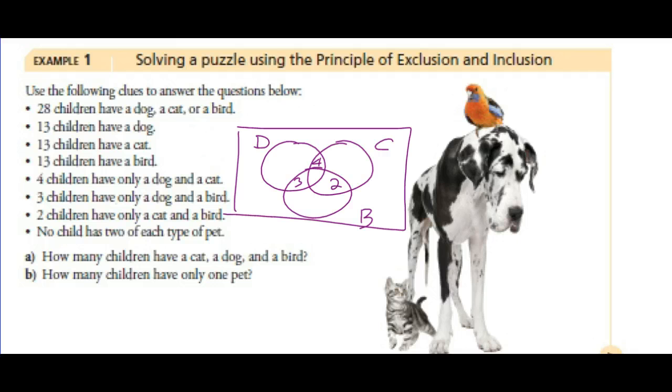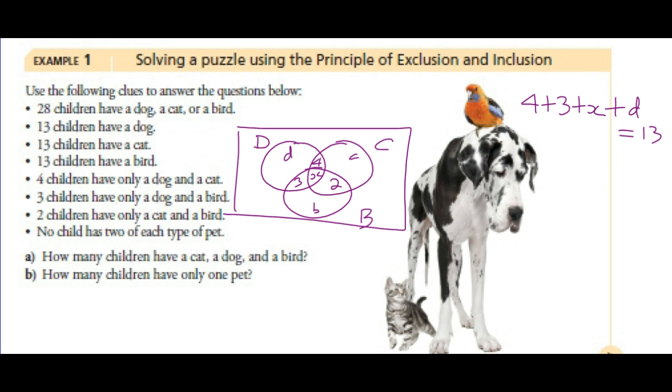Okay, there are 13 children that have a dog. So we'll put an X here. So we'll say 4 plus 3 plus X plus, let's say, D is equal to 13, right? So we'll put a little D there. That's only a dog. So here we'll put a little C, and here we'll put a little B. Okay, so we can say 4 plus X plus 2 plus c.